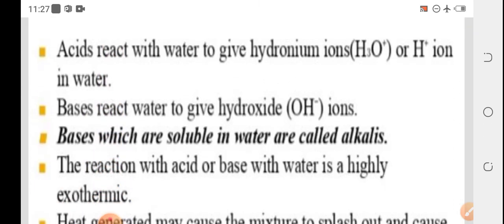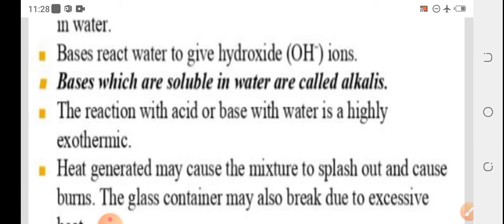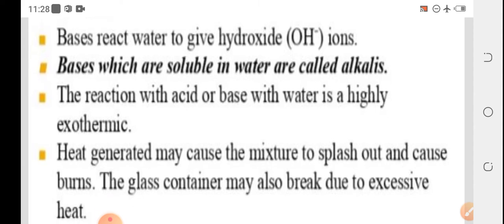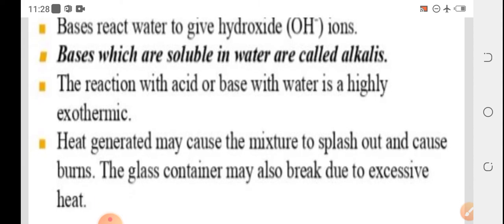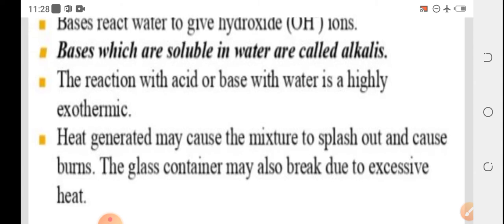Acids react with water to give hydronium ions, or H+ ions, in water. Bases react with water to give hydroxide ions. Bases which are soluble in water are called alkalis. The reaction of acid or base with water is highly exothermic, as we discussed previously.